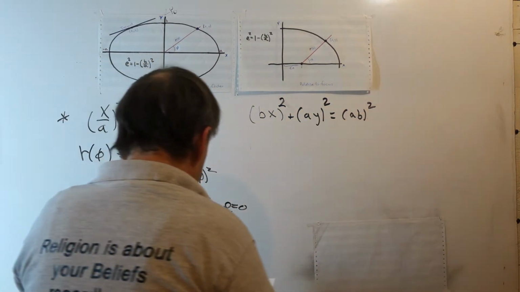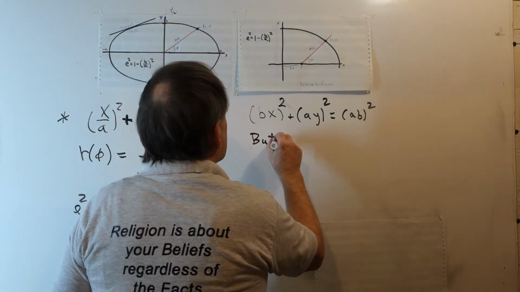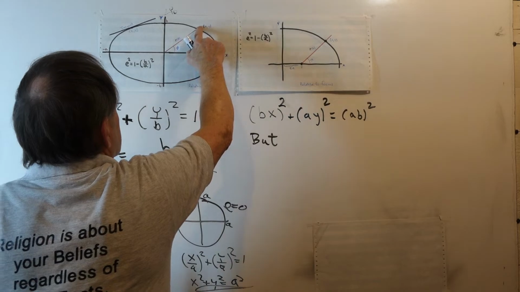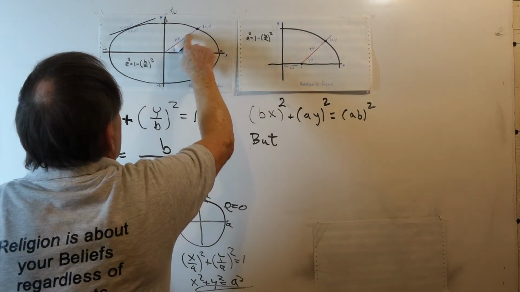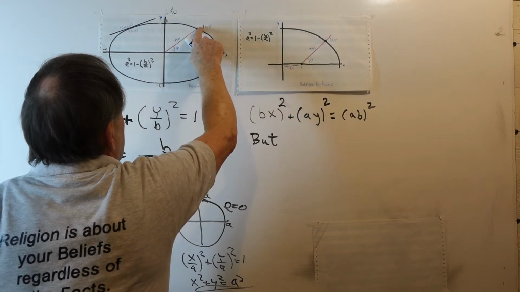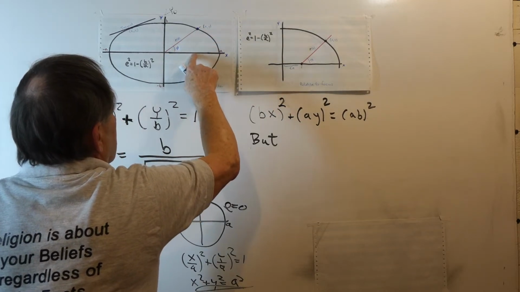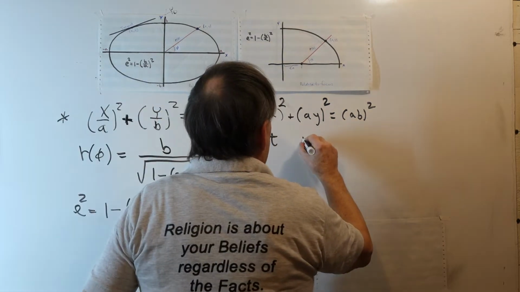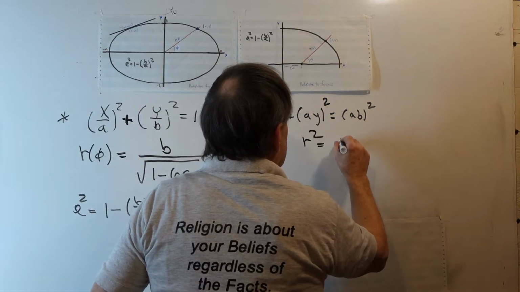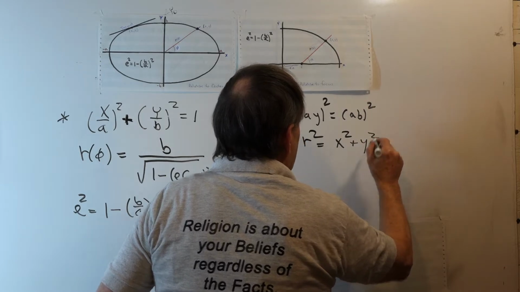So, we have that. But we also know by Pythagoras' theorem that the radial distance out from the center is the square root of x squared plus y squared, or we can write r squared is equal to x squared plus y squared.